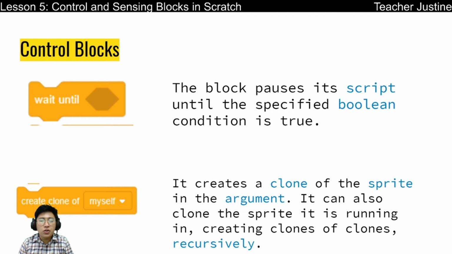It can also clone the sprite it is running in, creating clones of clones recursively. So if you always use this command, you will create many clones inside the running sprite or the running program. I think you know what a clone is, right?